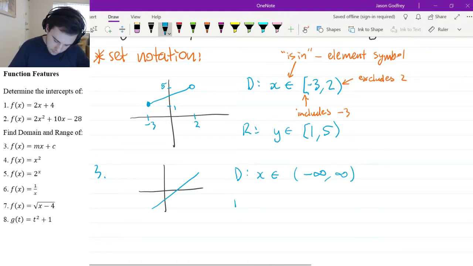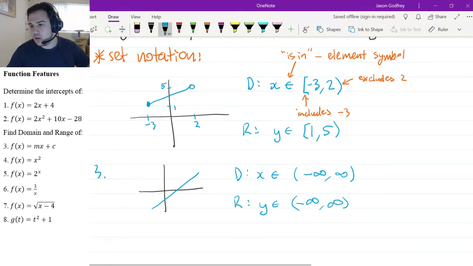And similarly, the range: what are the possible output values? Well, they go all the way down to -infinity and up to +infinity as well.